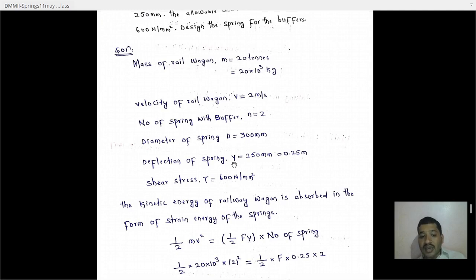Y is the deflection of the spring, Y equal to 250 mm. If you convert to meter, 250 into 10 power of minus 3 meter, which is 0.25 meter. The number of springs with the buffer we are assuming as 2.